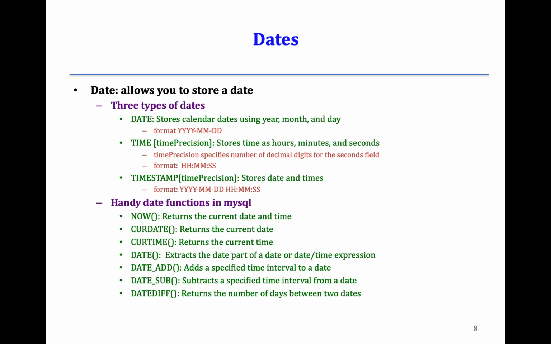And date diff allows you to compute the number of days between two dates. Very handy in the booking relation for calculating how many days someone is staying at a hotel. So these functions are very handy. You may want to write them down, or they're on slide 8 in the DDL.